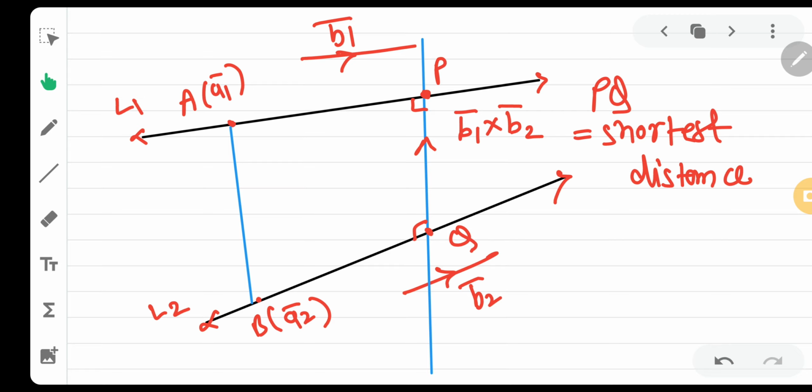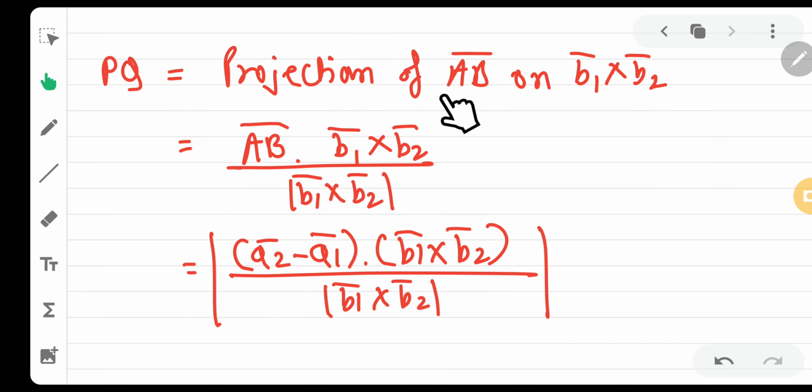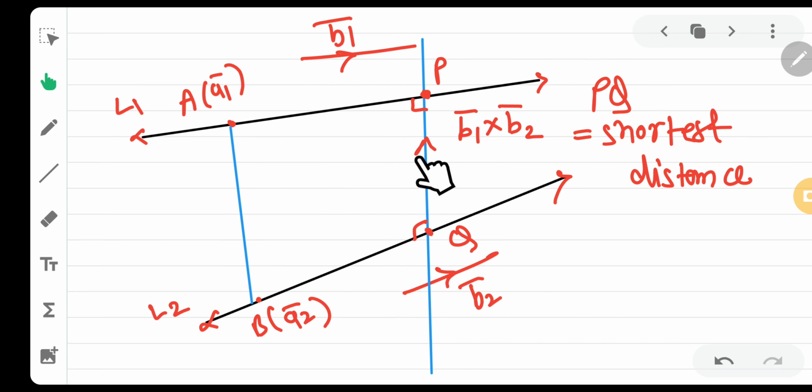So the key concept over here was, if I put a light source over here, then this light will fall on AB and its shadow will be produced over here on B1 cross B2, which will be nothing but PQ. Hence PQ is the shortest distance, but PQ is actually the projection of AB bar on what? On B1 bar cross B2 bar.